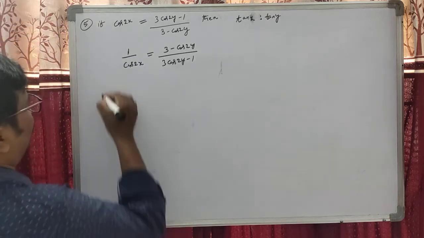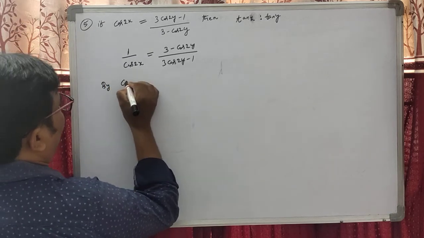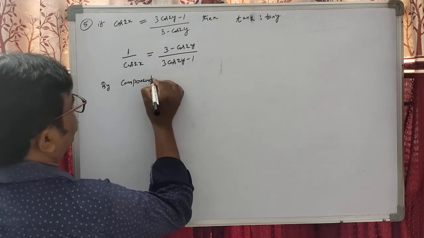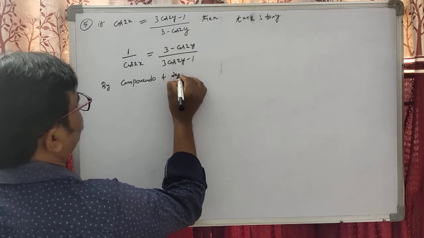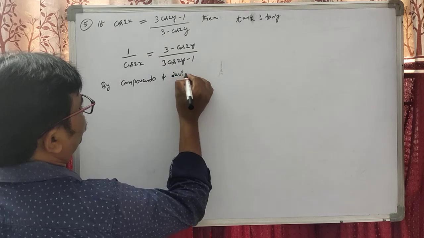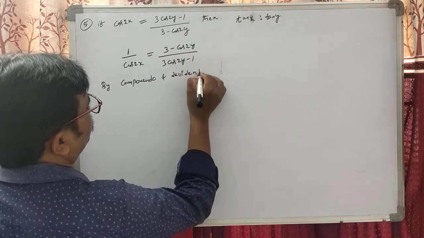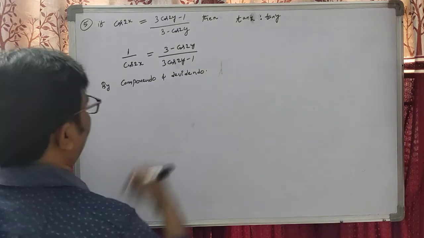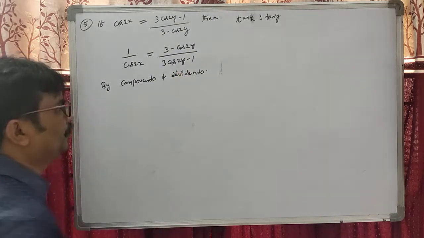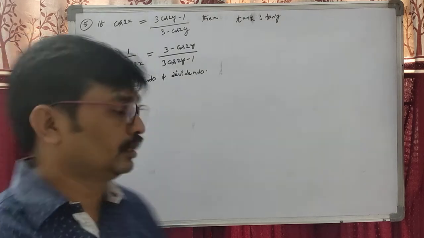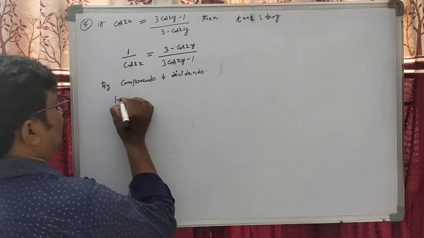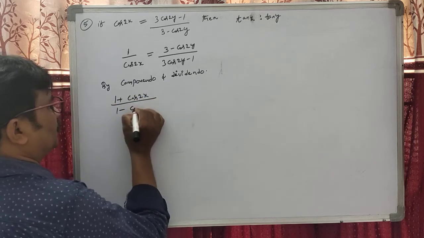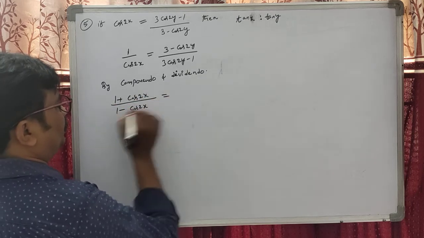So dear students, on applying on both sides componendo and dividendo, what is it, students? We apply on both sides componendo and dividendo. So my dear students, componendo and dividendo means we take a plus sign, 1 plus cos 2x, and between the same terms we take minus.